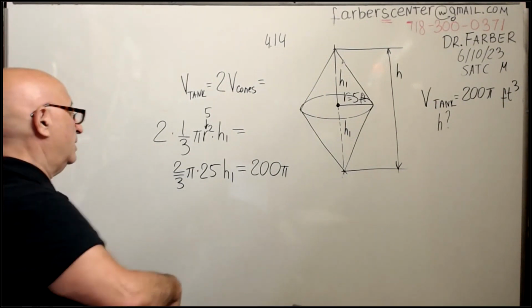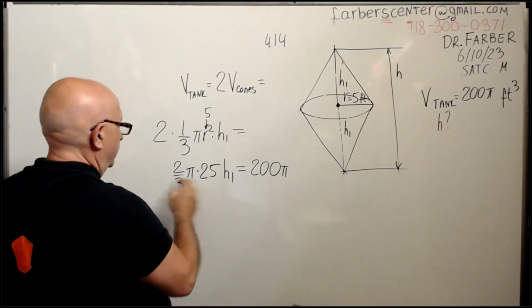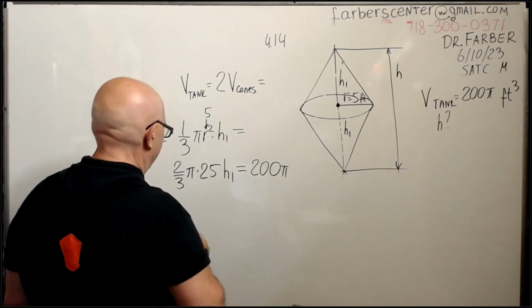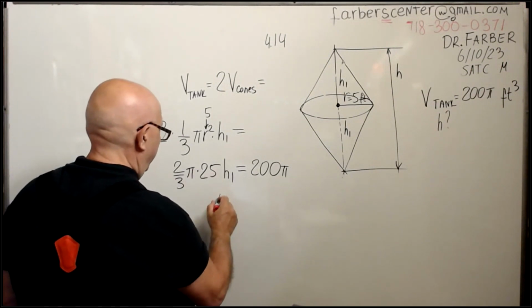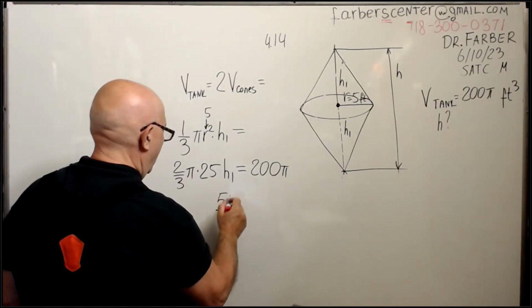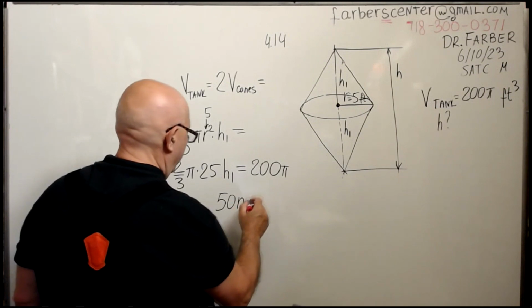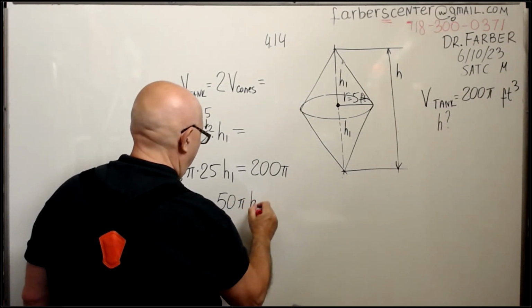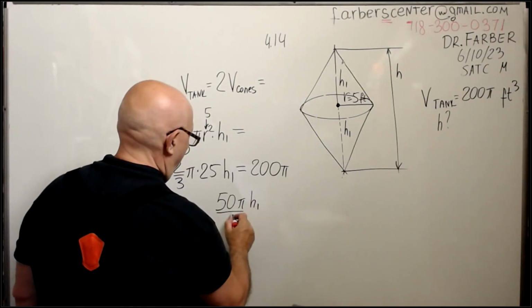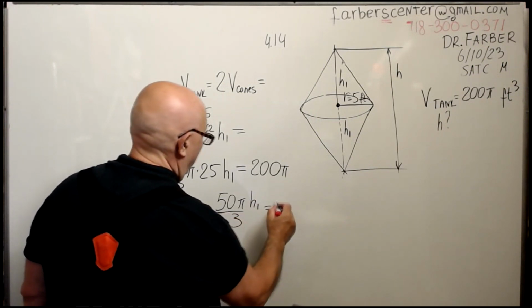Just simple mechanics. For instance, 2 times 25 is 50 pi H1 divided by 3 equals 100 pi.